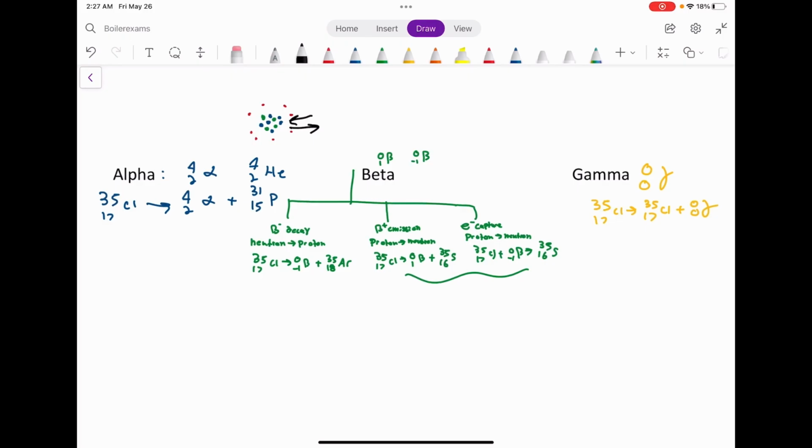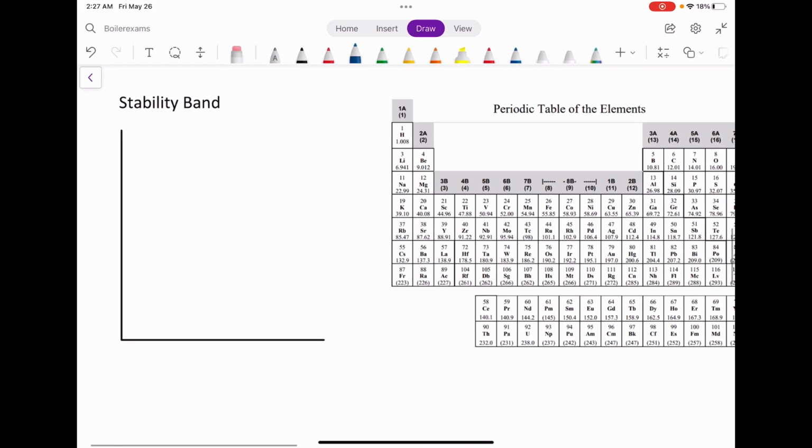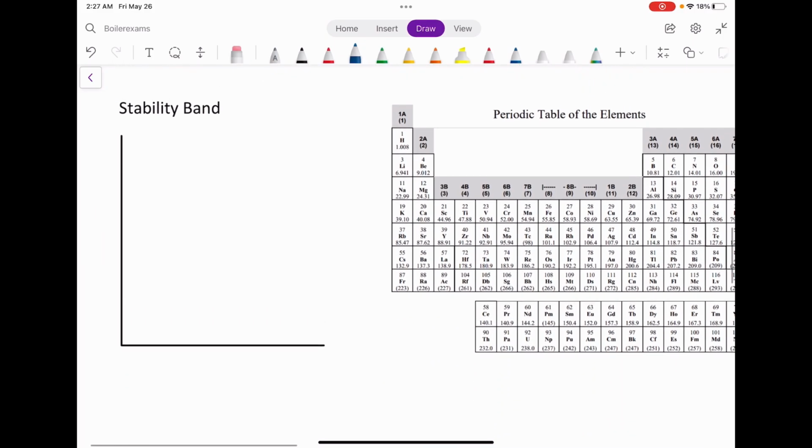So now, when are these going to occur? We know nuclear reactions happen to make the nuclei of our atoms more stable. But what's more stable, and when are these different ones going to occur? So that's when we can look at the stability band. So if we just look at our atoms and which ones are more abundant, take carbon, for example, a very common element. We know carbon-12 is about 99% abundant.